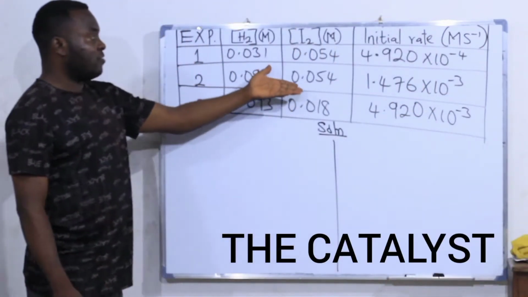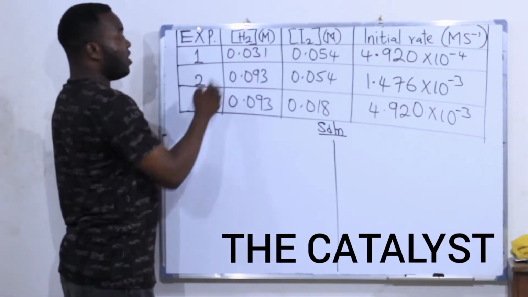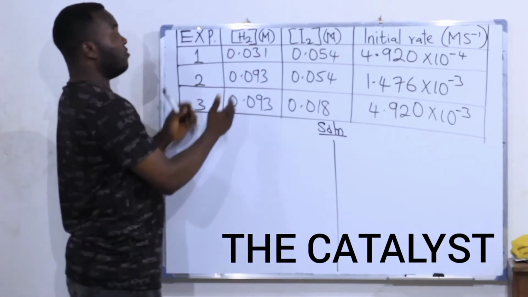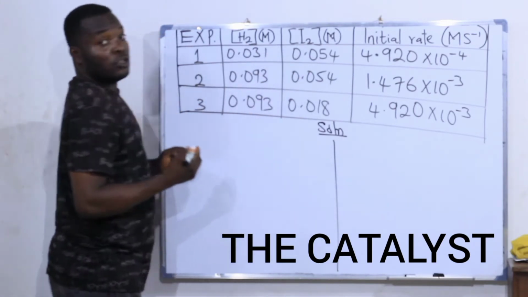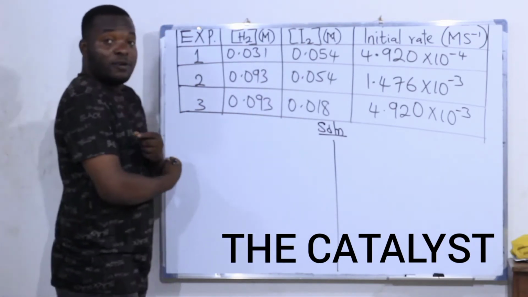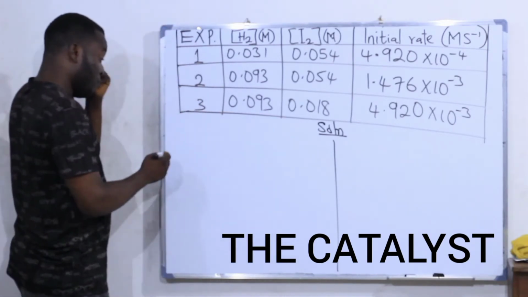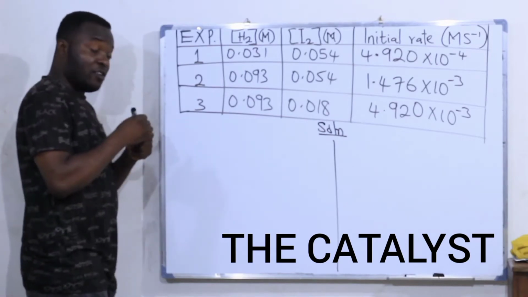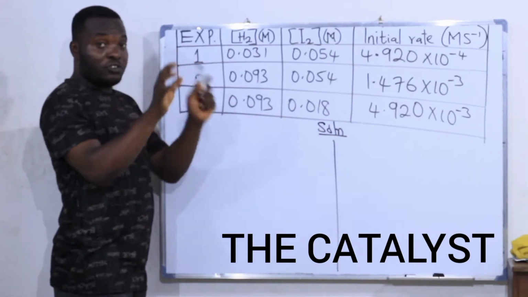The data is on the board, as you can see, and the reactants used in the reaction are hydrogen and iodine. So I'm going to write my rate law equation. Remember, the rate law equation says that rate is equal to rate constant K times concentration.